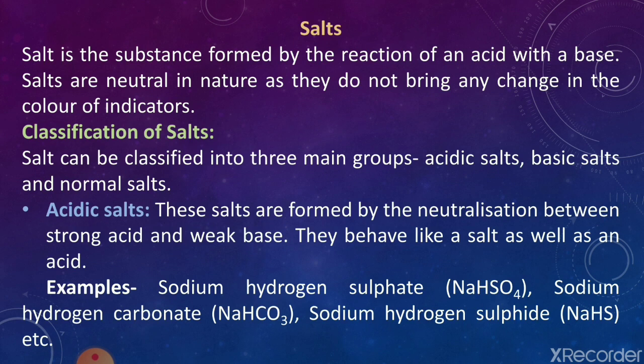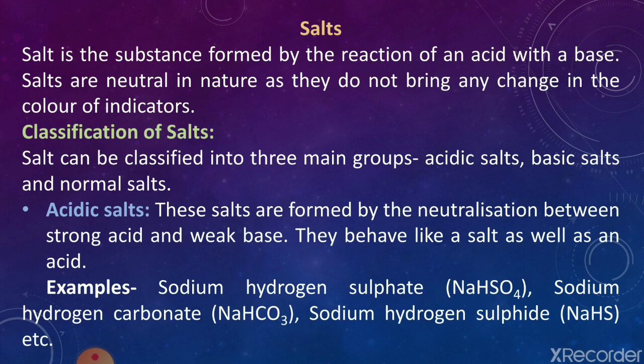So some amount of acid will be neutralized by the base, but some acidic content will be there, and complete neutralization of acid will not take place. Some amount of acid will be there. So in that case, the salt which is formed in the reaction mixture will be acidic.